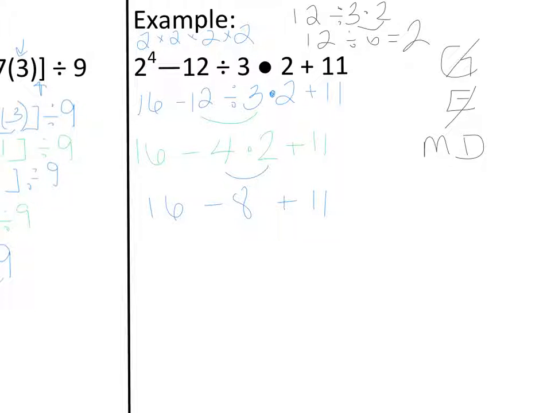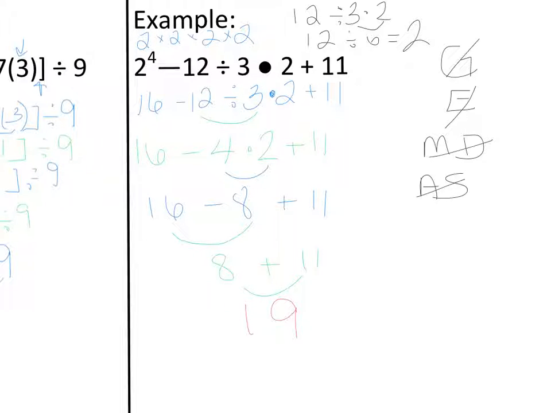Now moving into the last steps, which are addition and subtraction. In this case, subtraction comes first. We do 16 take away 8, which is 8, and then 8 plus 11, which is 19.